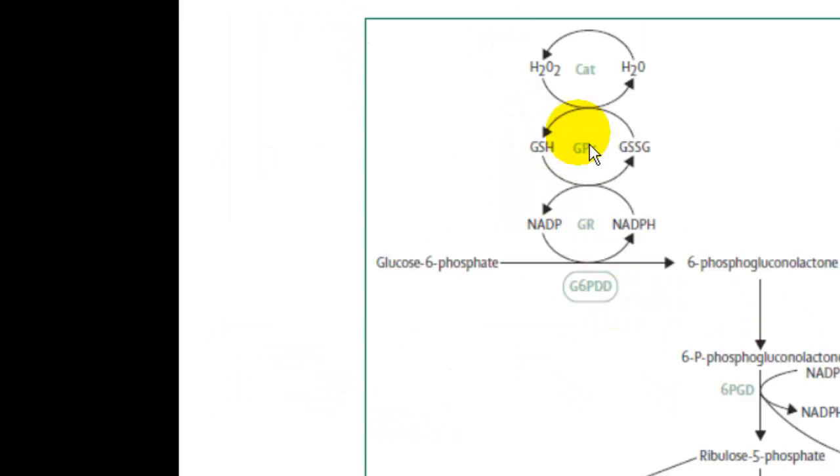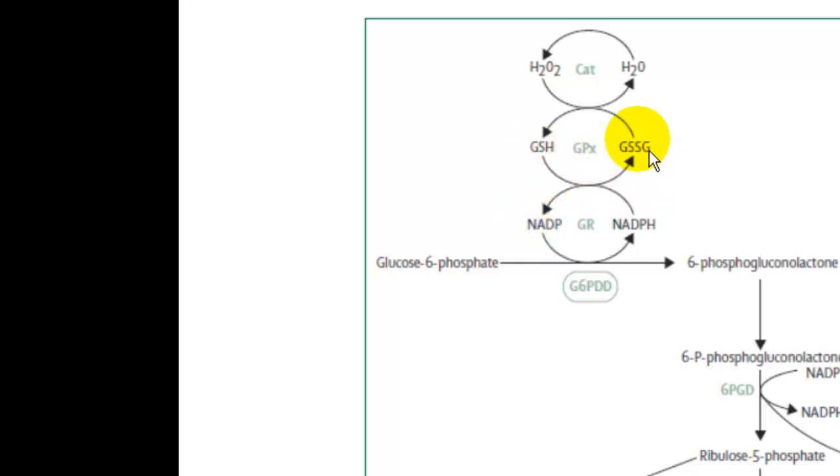Now the question is, how do we regenerate the oxidized form of glutathione so that this cycle can continue onward and onward? Well, that's where the NADPH comes in. So you would see here the NADPH gets oxidized to NADP+, which regenerates the oxidized form.